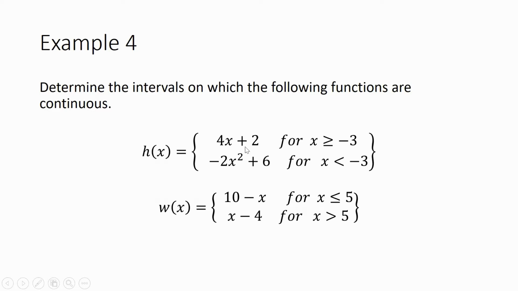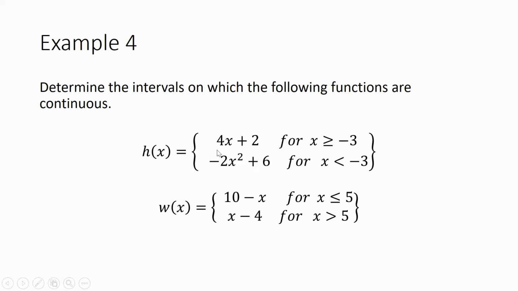So in each piece, these functions are continuous. And so we know that they're going to be continuous for every number except possibly at an x value of -3, because that's where the two pieces are different.